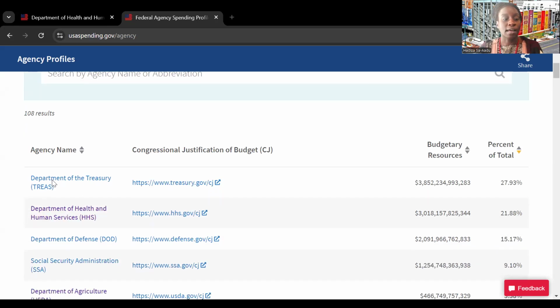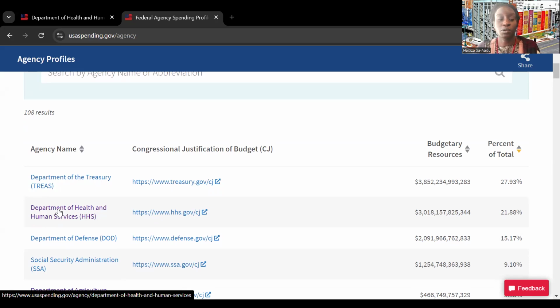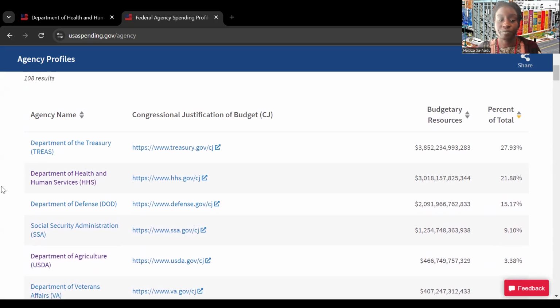So we've got the Department of Treasury, Department of Health and Human Services, which we just looked at a screenshot of, and we're going to take a deeper look, and the Department of Defense come in the top three.